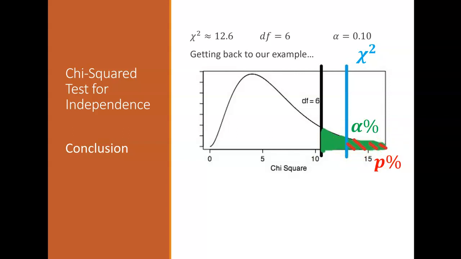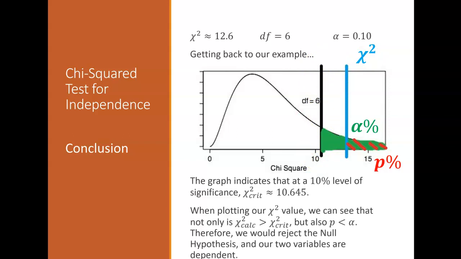P is less than alpha, right? Everybody see that? Or that chi-squared calculated is greater than chi-squared critical, the black line. So we reject the null hypothesis, and we would fail to reject the alternative, which means our two variables are dependent. Everybody's okay?